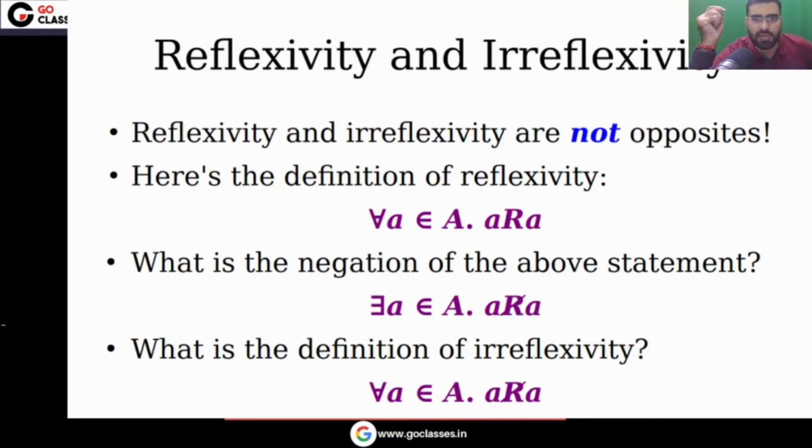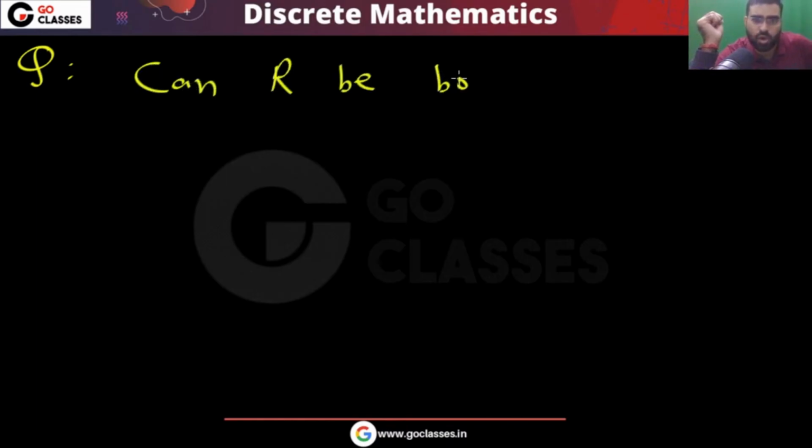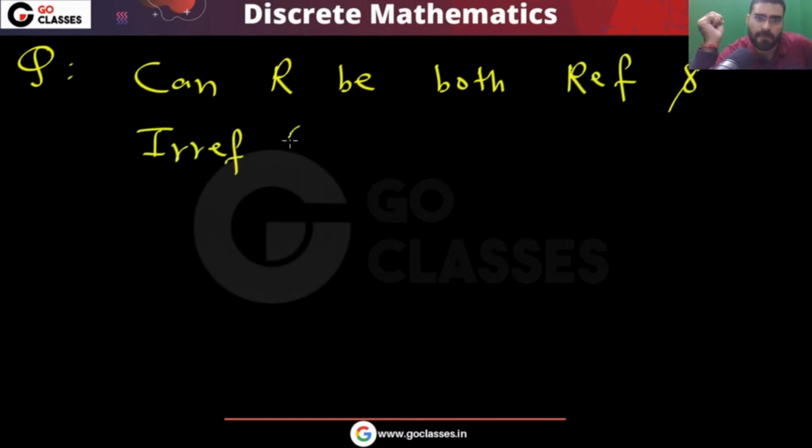Now remember, first of all, is it possible that the same relation can be reflexive and irreflexive? Some questions I am asking. Can relation R be both reflexive and irreflexive?